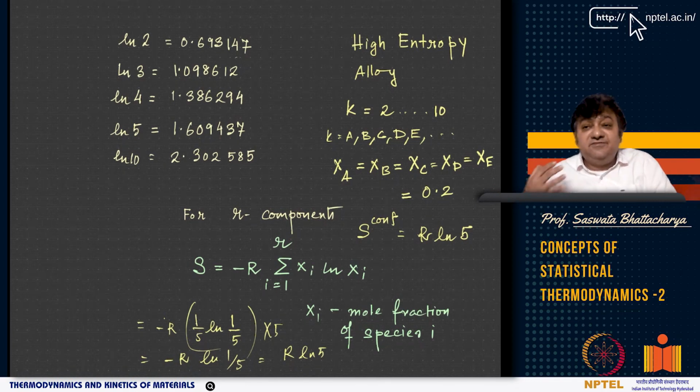However, it is very unlikely to get a 10 component alloy. This is because entropy is not the only criterion, as we will show later; there are also different criteria in terms of atomic sizes and electronegativity difference and so on, right? So we'll discuss this later.